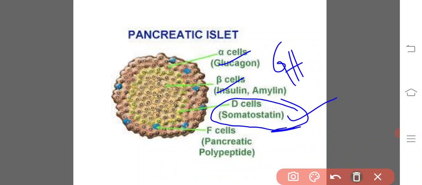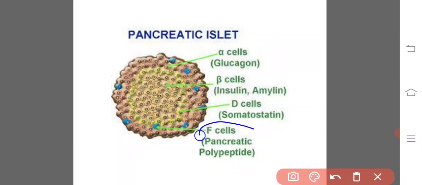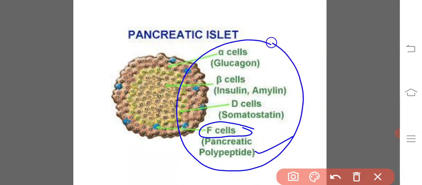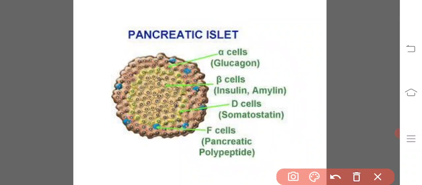And coming to the fourth one, F cells. They produce pancreatic polypeptide hormone that inhibits the contraction of the gallbladder. These are the four kinds of cells present in the pancreatic islets of Langerhans and their products in the form of hormones.